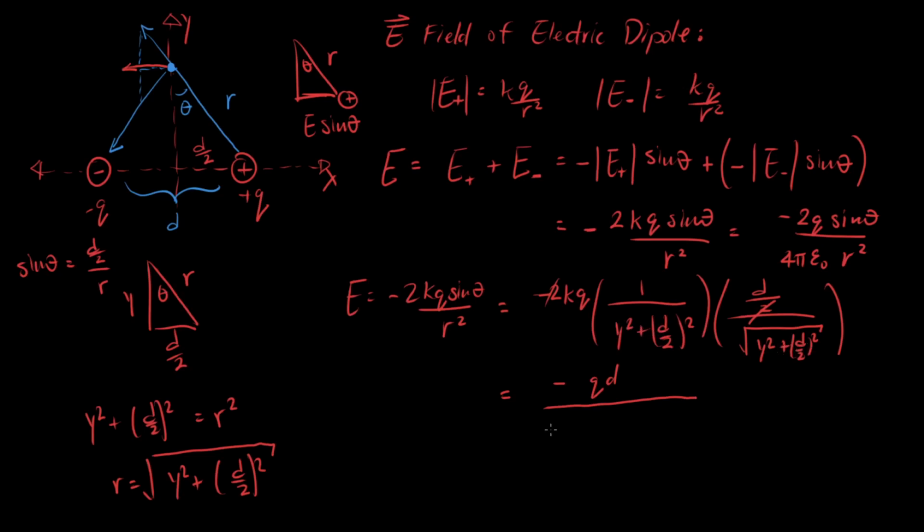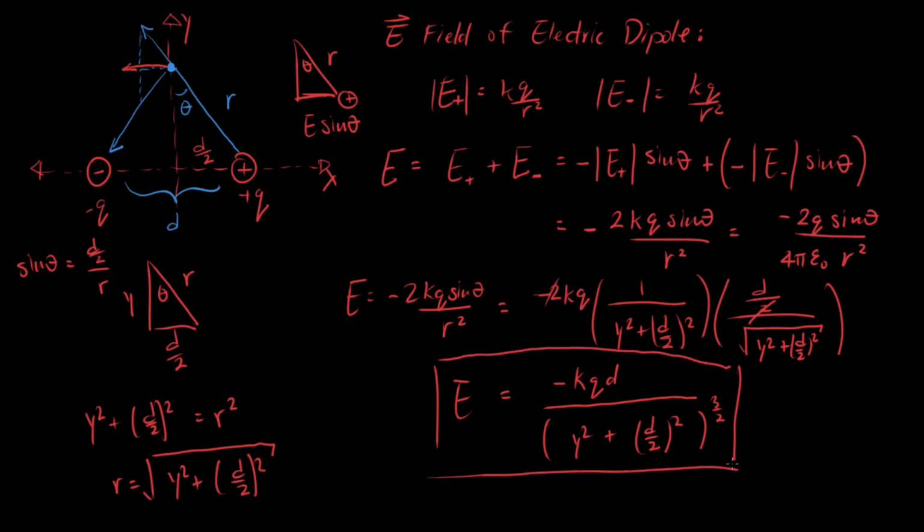So we get basically 3 over 2. So I'm going to write out this 3 over 2. And I should write the k right here, forgot that. And y squared plus d over 2 squared. So that should be everything. And so this is our E field at an arbitrary y away from the center of a dipole.